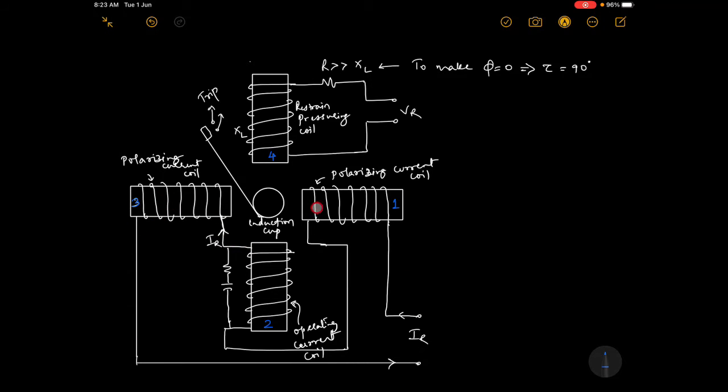So the same current will flow, but there is a phase difference created, because in order to have an operating torque, we need the difference in current, because operating torque is produced when there is a difference in flux. So these two will produce a flux, and this will also produce a flux.